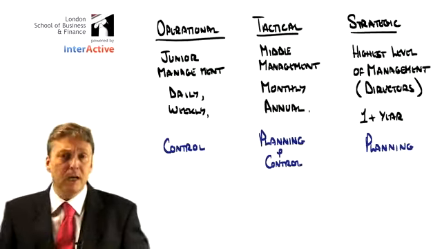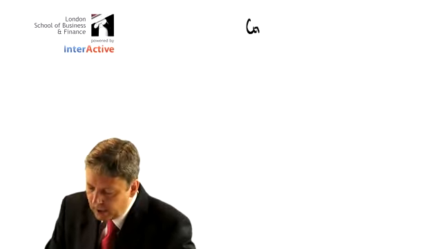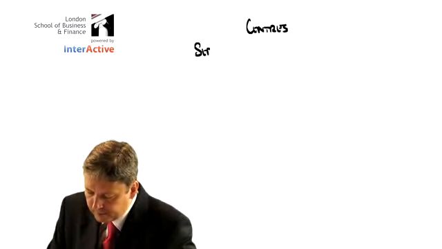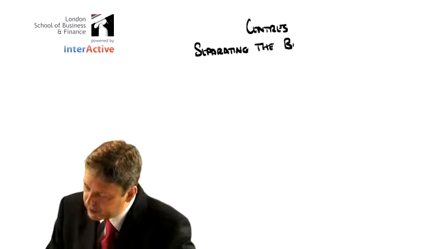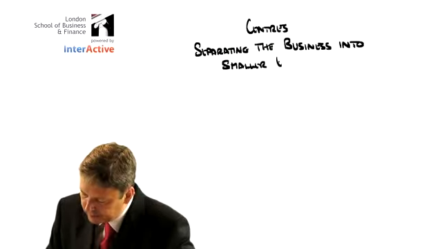Now, sort of related to what we're talking about here, one thing we can do is separate up the business. So what we can look at here are centres, a means of separating the business into smaller elements.